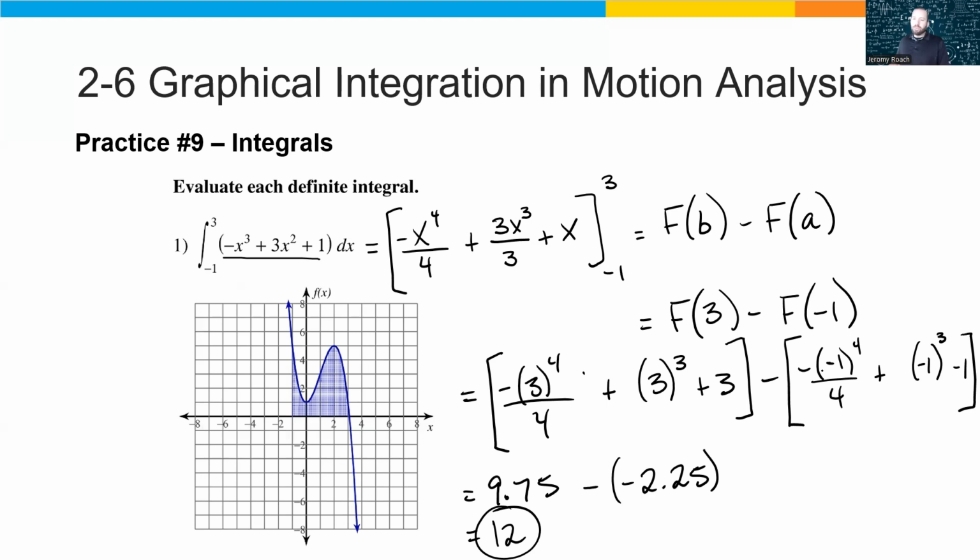So we're going to plug in for what -1 is, and that's -2.25. Then we subtract the difference between the two. Here we have a double negative, and we just so happen to get the same answer of 12, but this is a completely different function, and that's 12 units underneath the interval -1 and 3.